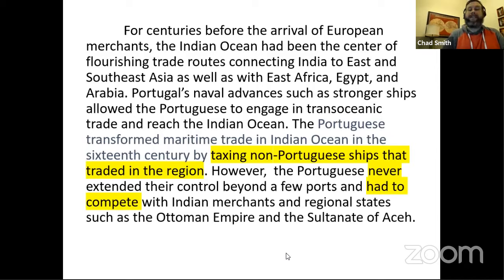However, the Portuguese never extended their control beyond a few ports and had to compete with Indian merchants and regional states, such as the Ottoman Empire and the Sultanate of Assa. Notice here that this thesis statement is what we would call a complex thesis statement, because it not only addresses change, but it also addresses what stayed the same, or continuity.